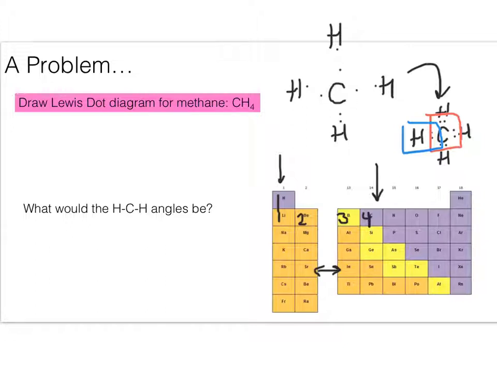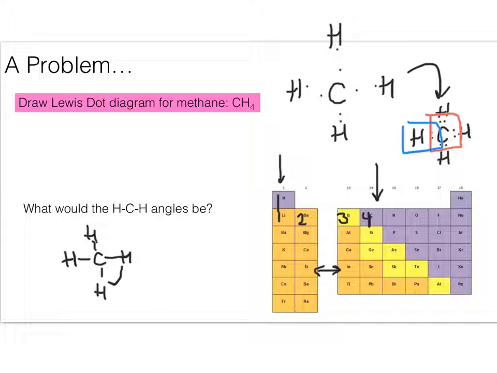Okay, so if I'm looking at this structure, let's draw this in a more simplified way, where we have a bond for every 2 shared electrons. You might ask yourself, given this picture, what would the hydrogen-carbon-hydrogen angles be? So what is the angle that exists right there?